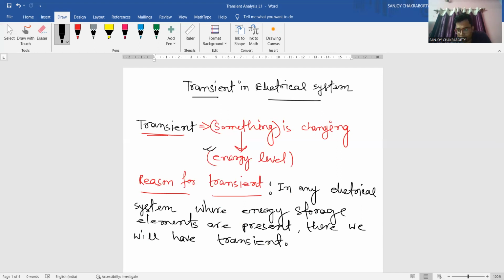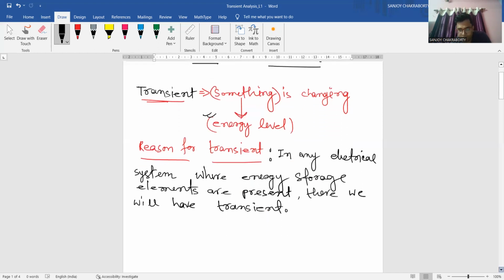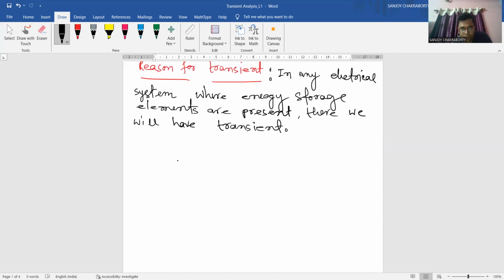So this is basically related with energy. In electrical system, energy storage element means inductor and capacitor.